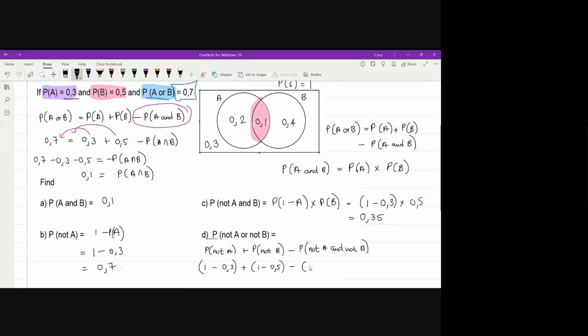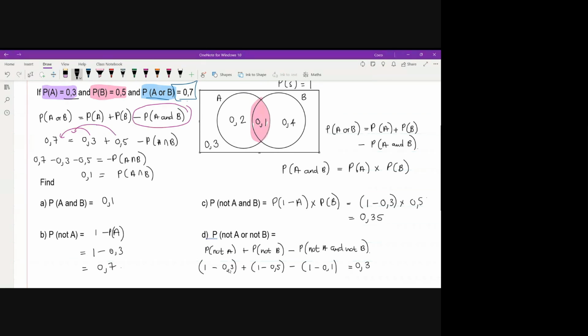So that's going to be 1 minus 0.1. And the answer we should get from this is 0.3. How did we do? Did we manage? Yes, no? Thumbs up, thumbs down.